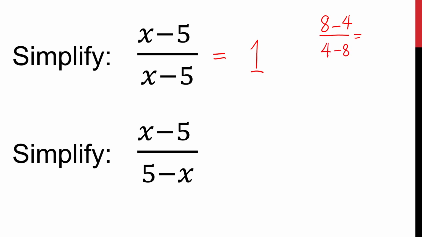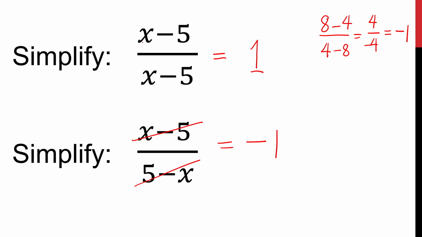Pila man yung 8 minus 4, section Noble? 4, sir. What is 4 minus 8? Negative 4. Pila man yung 4 divided by negative 4? Negative 1, sir. So take note, pwede ning ma-cancel out pero ang tubag negative 1 always.